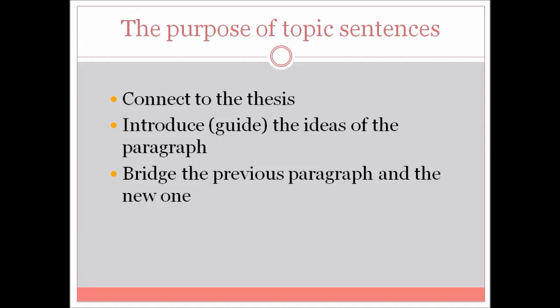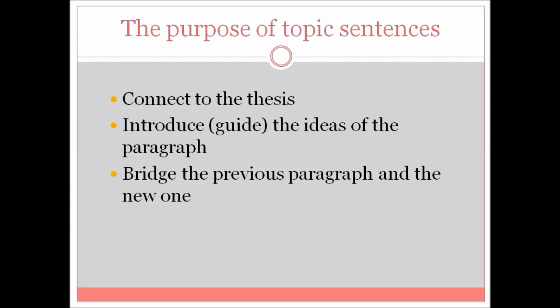The topic sentence should do three main things. It should in some way connect back to the thesis, the main idea of the whole paper. That is to say, I should be able to see what this specific paragraph has to do with the whole essay overall. If I can't make that connection, if I can't figure it out as a reader, then I might feel like the essay is disorganized or like the writer is a little bit lost or taking on a rabbit trail.